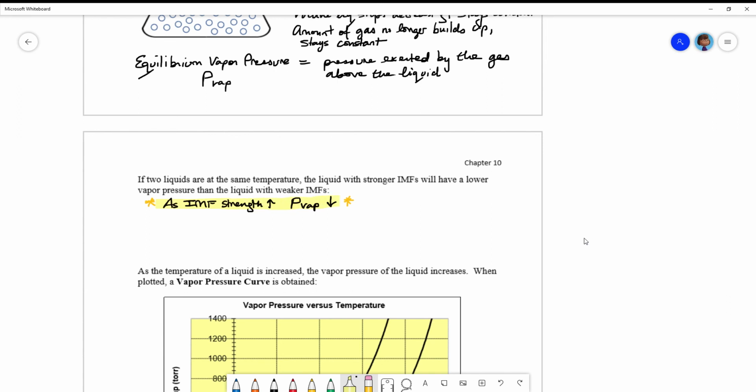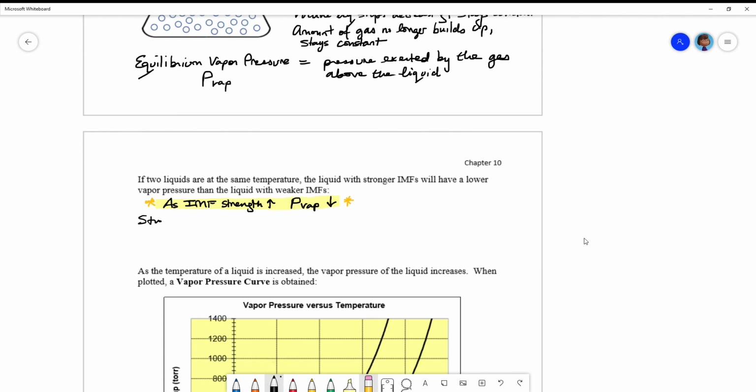So what's going on here? Well, if IMFs are stronger, do the liquid molecules want to vaporize? Well, not particularly. It's going to be much harder for the liquid molecules to vaporize. And if the liquid molecules aren't readily vaporizing, are we making more gas or less gas in the space above? Well, we're going to have less gas. And if we have less gas, we're going to have a lower vapor pressure. So let's note that over here.